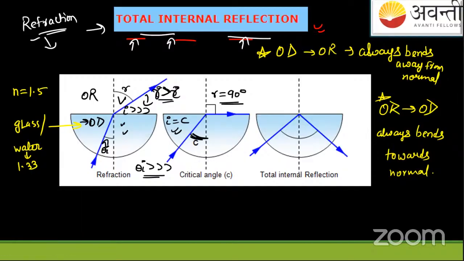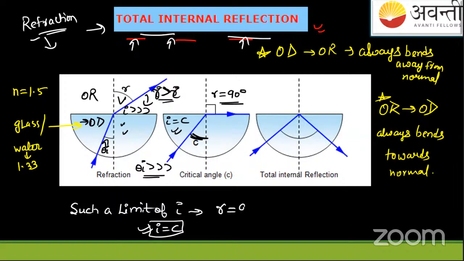Okay, let me write this definition. Such a limit of I such that when the angle of refraction reaches 90 degrees, that is, if you take I to be the value of C, a particular angle it will reach as you increase the angle of incidence in the optically denser medium, then we'll say such angle I is equal to C, which is basically the critical angle.